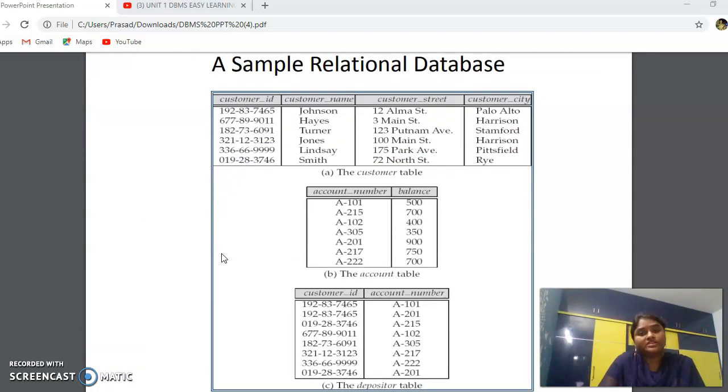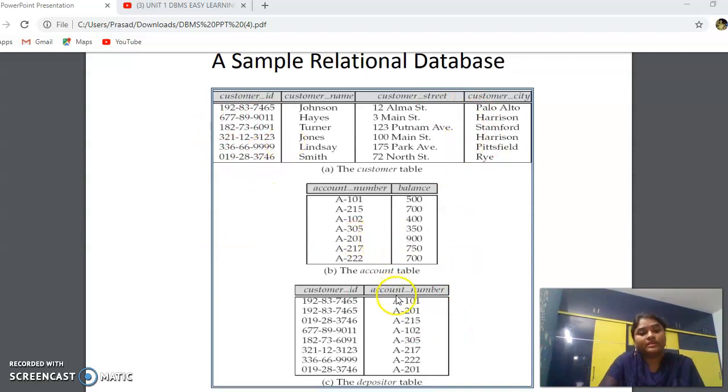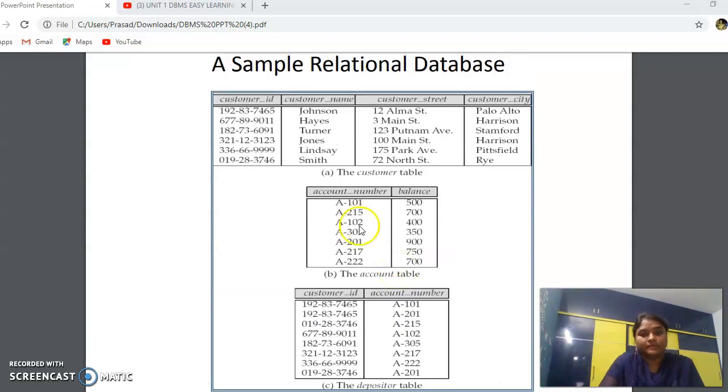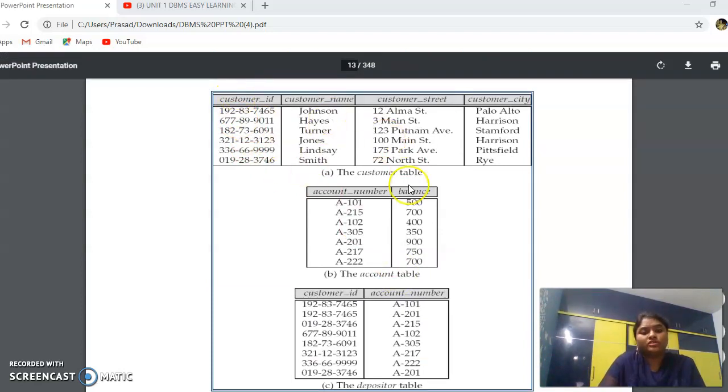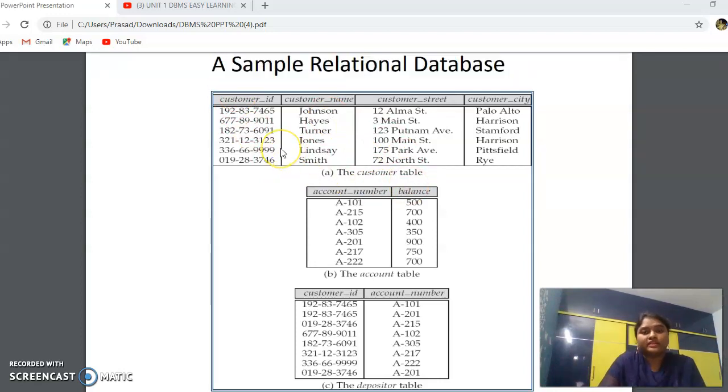This is a sample relational database where many tables are there. This is the customer table, this is the account table, and this is the depositor table. Whatever information, whatever columns you want to specify, you can enter. There is no restriction. According to the data available, we can enter n number of columns for a particular table.